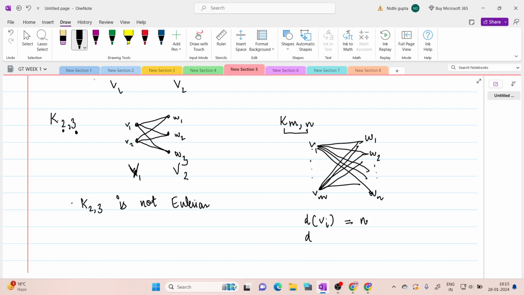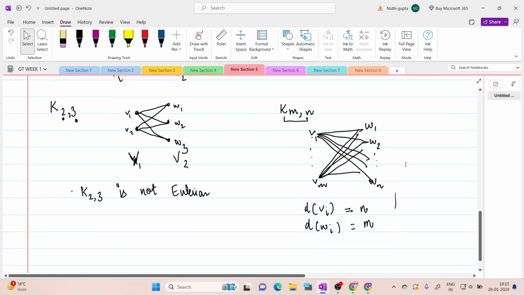And what is the degree of each Wi? It is m. So now, for what values of m and n will K_{m,n} be Eulerian?